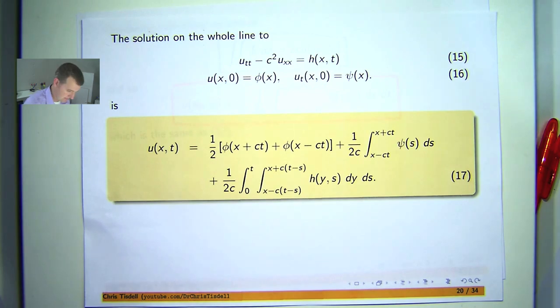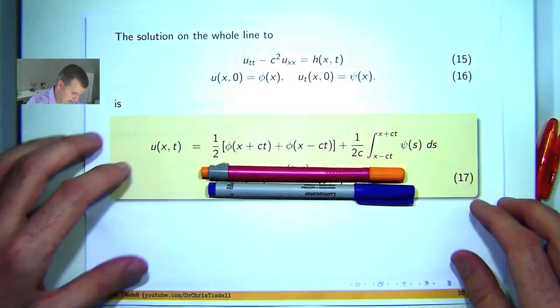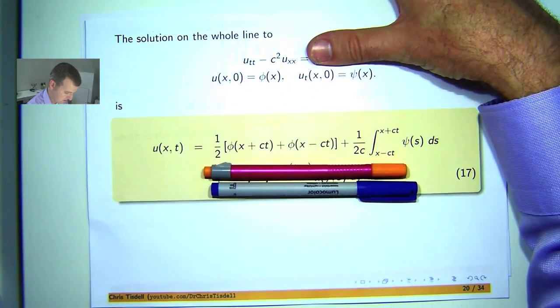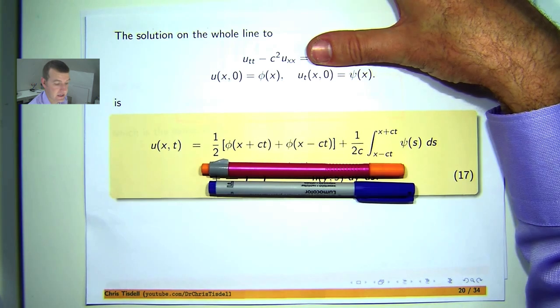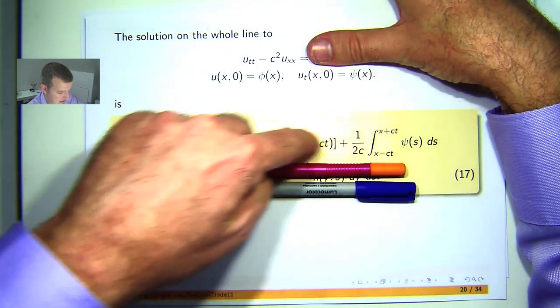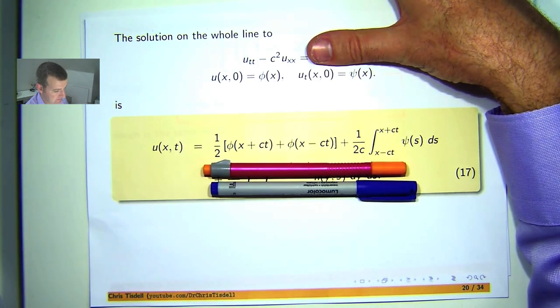If I cover this up and cover the h up, so imagine h is 0 here, this is your homogeneous wave equation with standard initial conditions. What's left here is D'Alembert's solution, or D'Alembert's formula for the homogeneous problem.